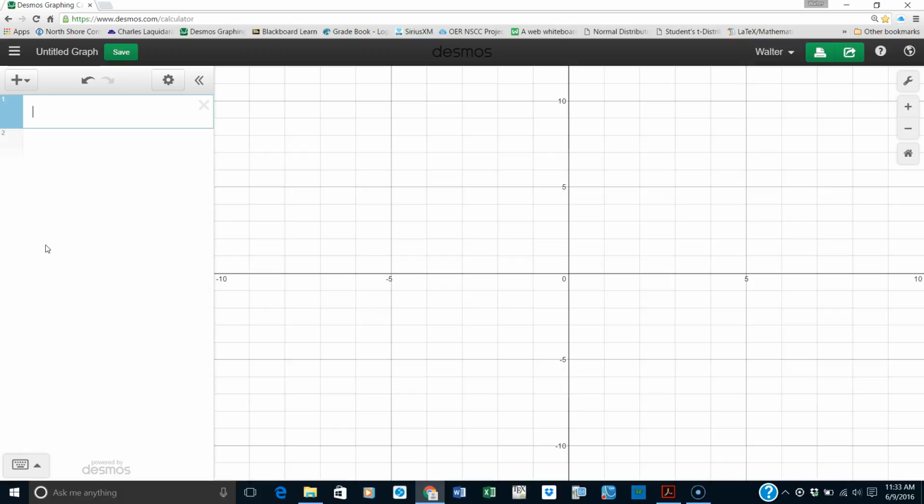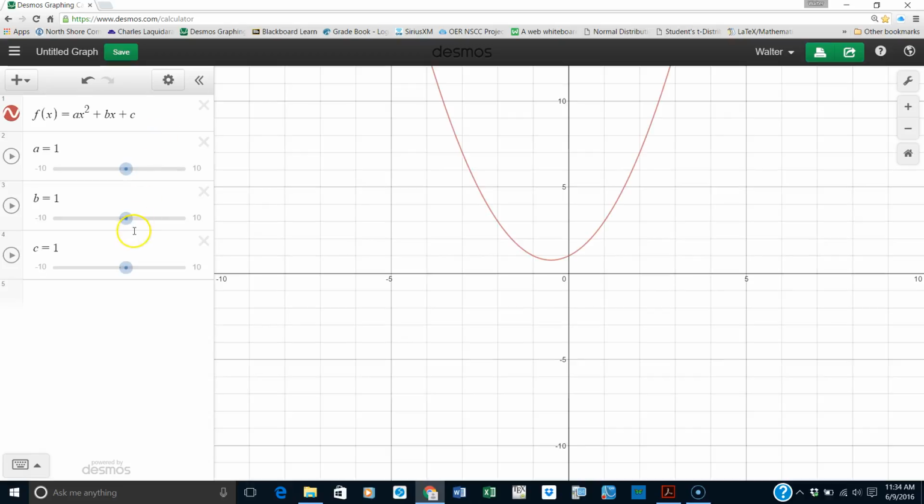I'm going to use my Desmos online calculator, and I'm going to type in ax squared plus bx plus c, and I'm going to add sliders for these values.